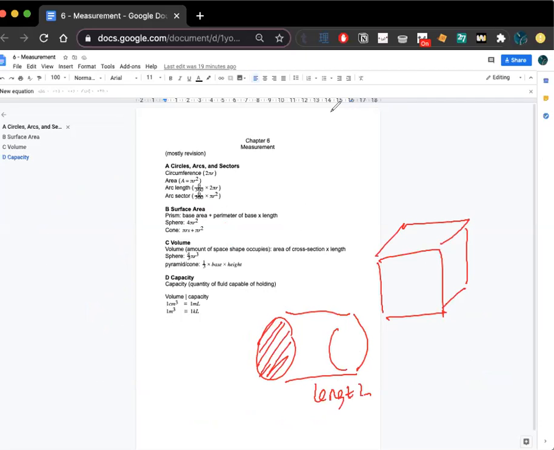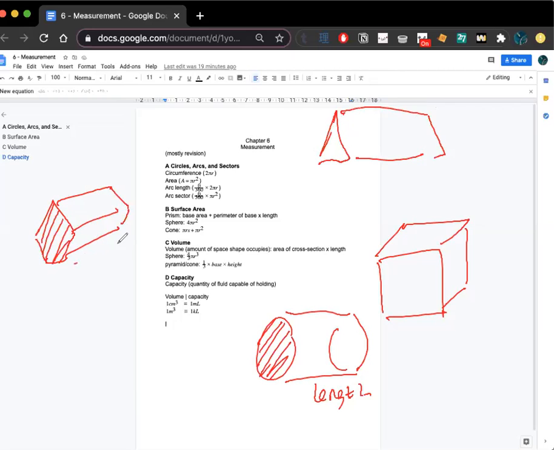It applies to any kind of prism, like a triangular prism, or a pentagon, and so on. As long as you look for the area of the base and then multiply it by the height, that's literally how you find the volume of it.